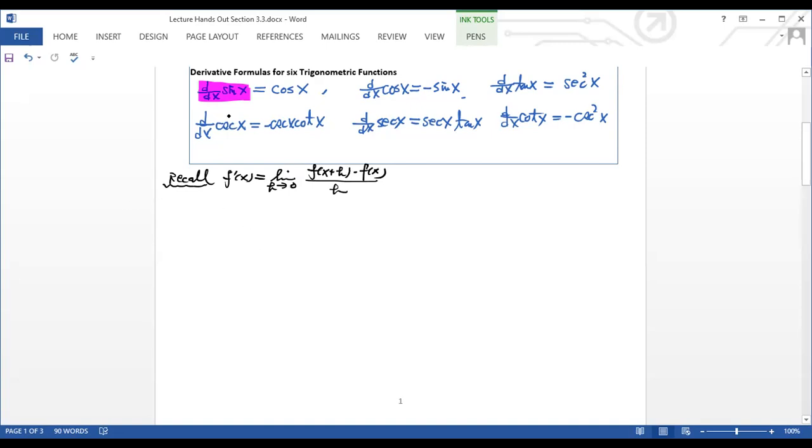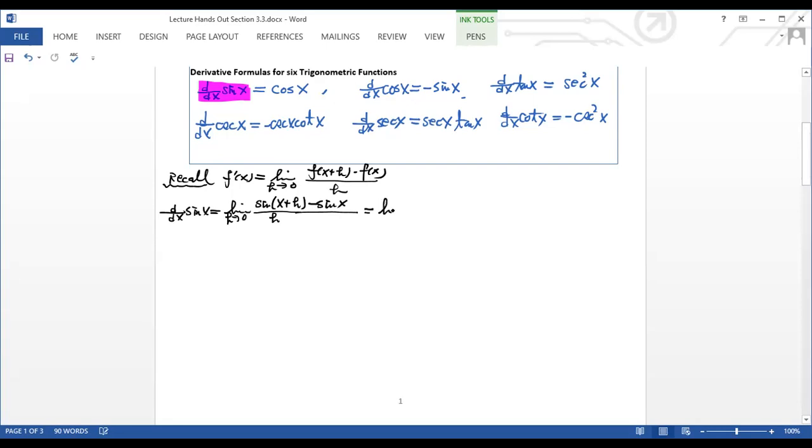Okay, so now let's try to find the sine x derivative, right? So the derivative of sine will be equal to the limit as h approaches 0, then over h, you have sine of x plus h minus sine x. That's right. That's how I use the definition of the derivative.